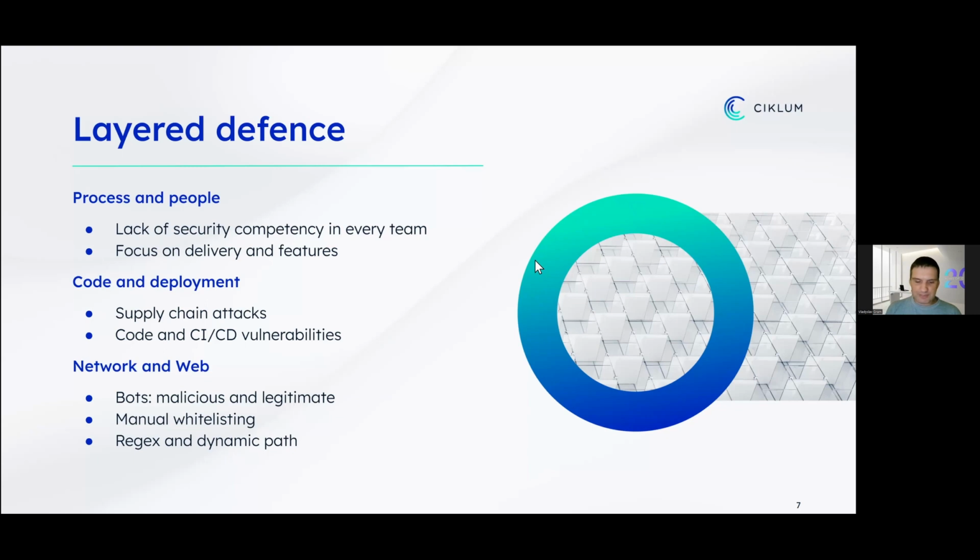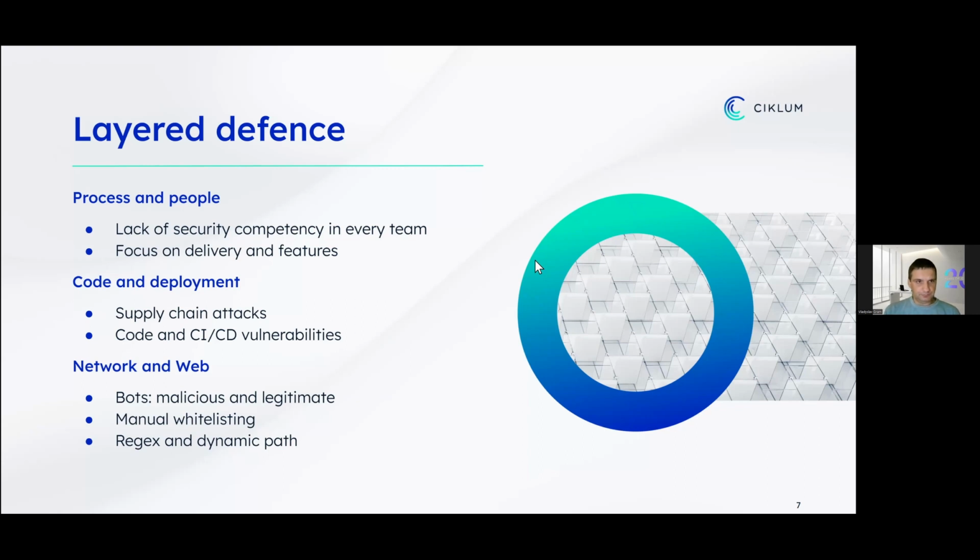And most of the time, any security tasks that come from the security team to the development team appear in the backlog and never exit the backlog and never come to the next sprint. So it's a problem, and it's one thing that we had to solve with processes and with additional controls and additional processes focused on people.